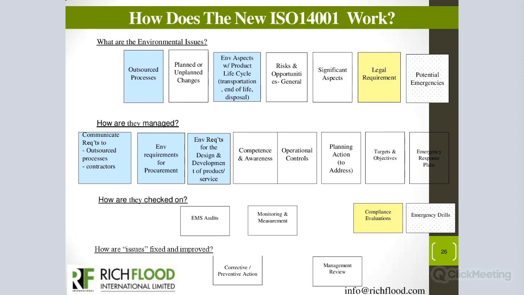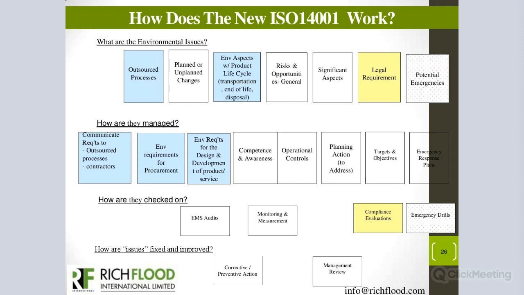So when you examine all these, then you are trying to find out the basic environmental issues that need to be addressed and how they are managed. You can manage these issues by communicating requests to outsourced processes and contractors.